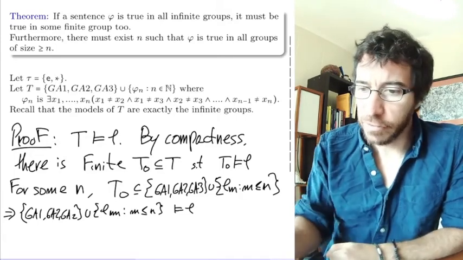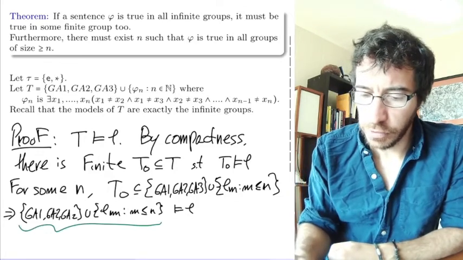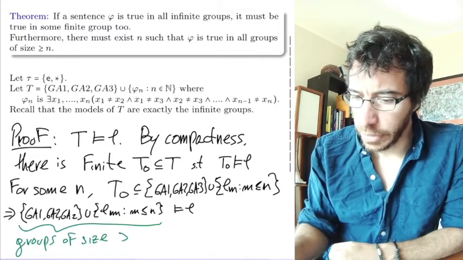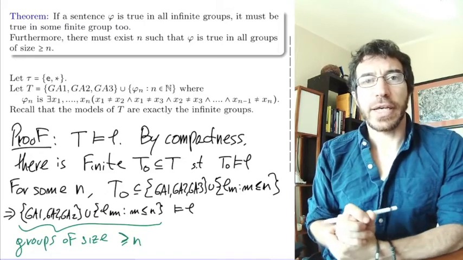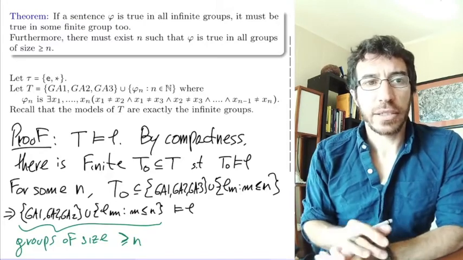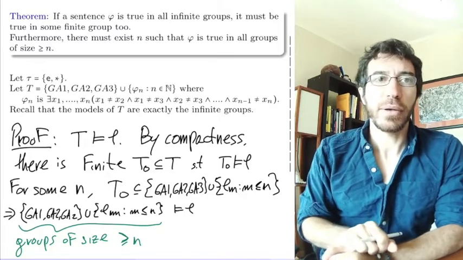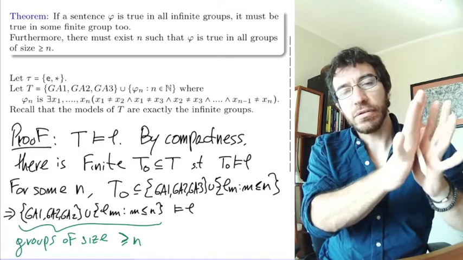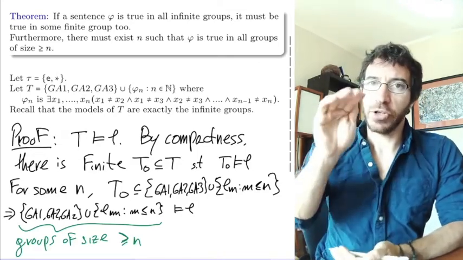Well, the models of these are the groups of size bigger than n. That's exactly what the models of that are. So every group of size larger than n is going to satisfy phi. So it's quite an interesting corollary, right? If you can prove something for all infinite groups, it's true for all groups beyond a certain size.